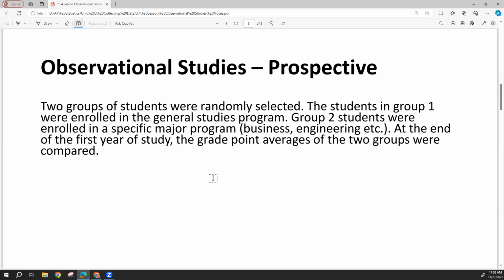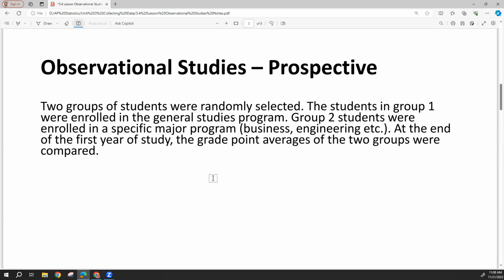So, for example, a business major, an engineering major, a math major. And then at the end of the year, we are looking at grade point averages. So we are not controlling any element here. In fact, we're not placing them in these groups. We are selecting them from these groups.